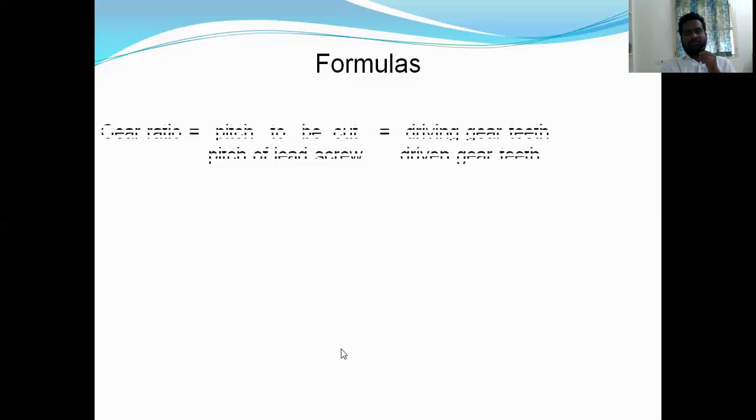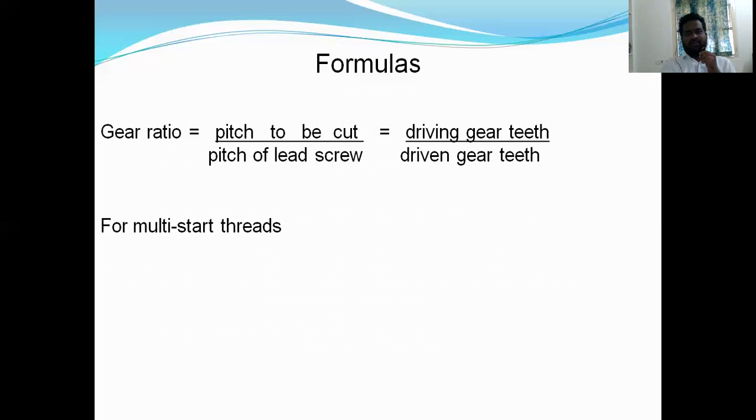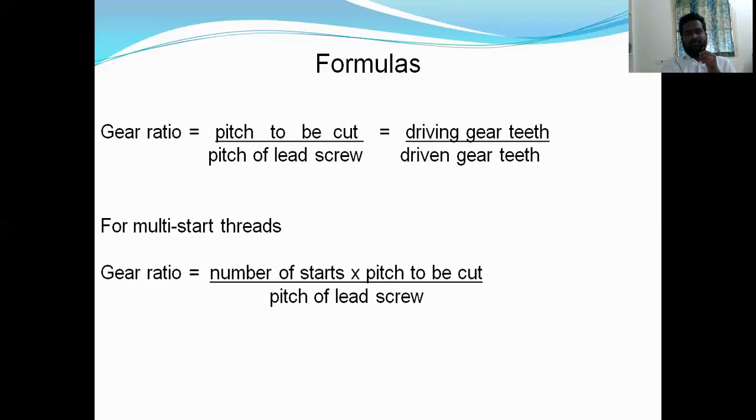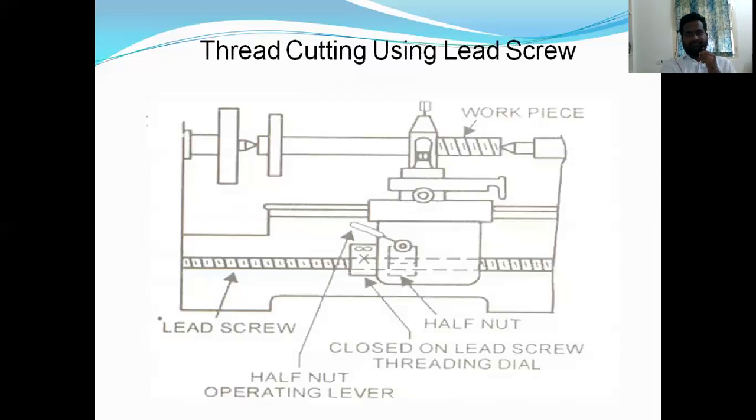That gear ratio is calculated by pitch to be cut divided by pitch of lead screw, equal to driving gear teeth divided by driven gear teeth. For multi-start threads, number of starts times pitch to be cut divided by pitch of lead screw, equal to driving gear teeth divided by driven gear teeth.